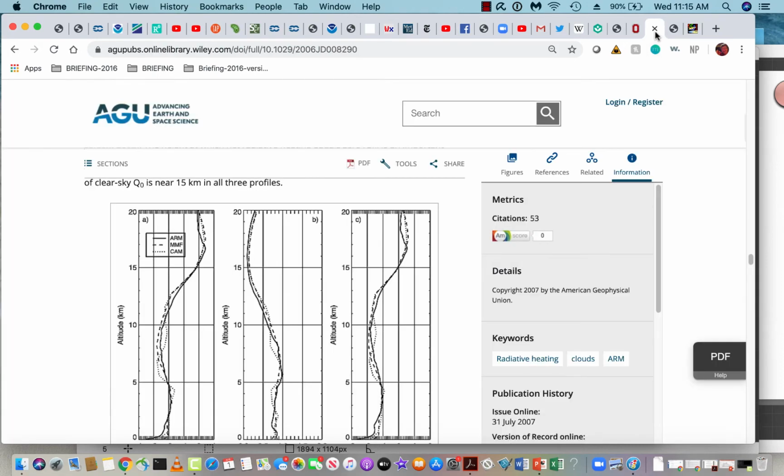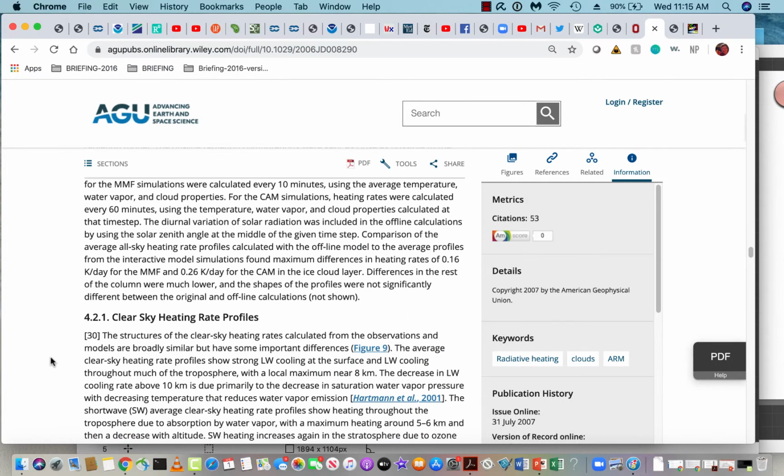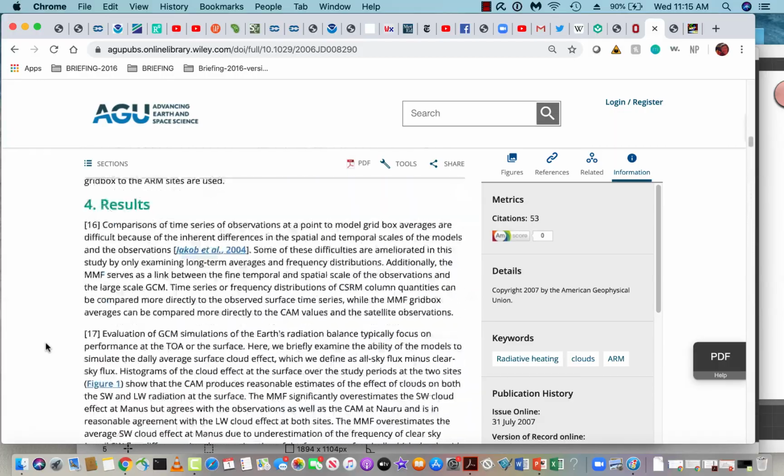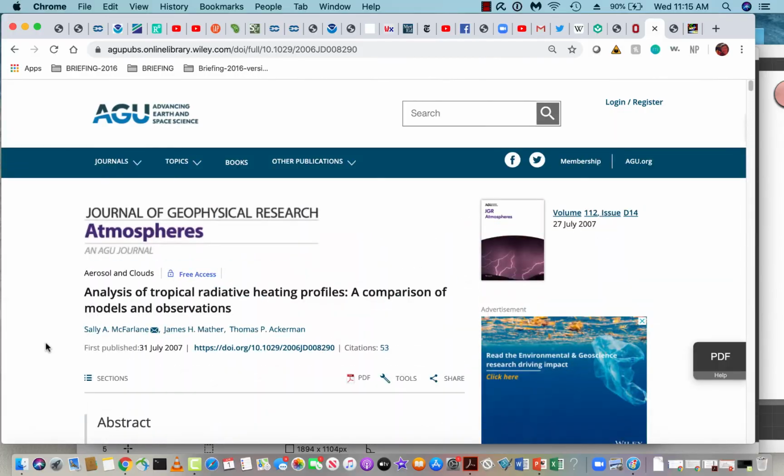So I dug out a publication. It's an AGU publication, and you can see the URL up at the top here. Well, okay, let me go up to the top and show you what the title of the paper is. Analysis of tropical radiative heating profiles, a comparison of models and observations.